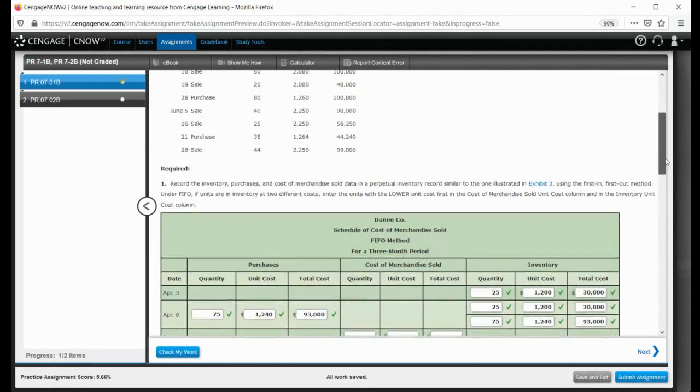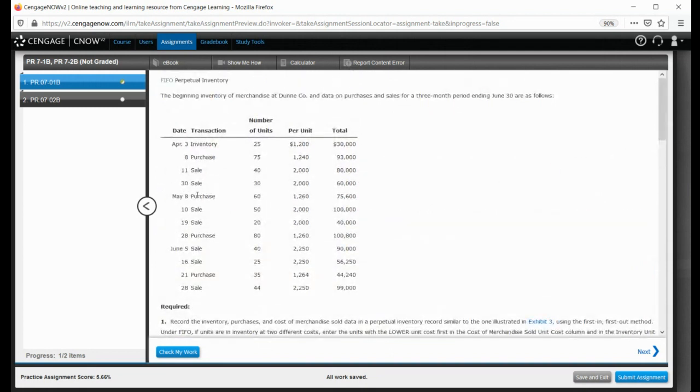So you remember that when we make a sale in the perpetual inventory system, we have to record that sale in the journal as two journal entries. One to record the sale of the merchandise and one to record the cost of the merchandise sold.